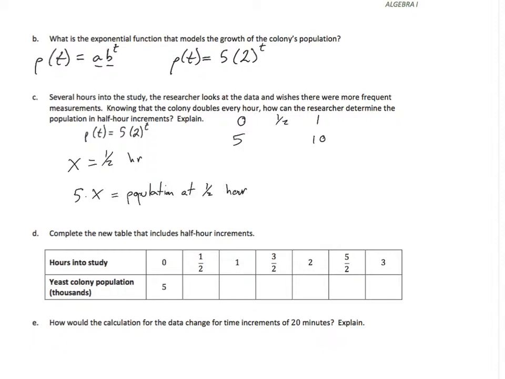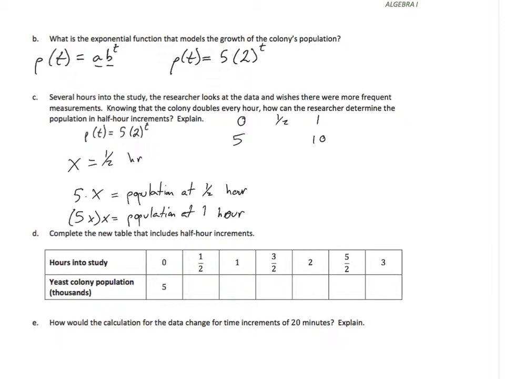If I take that population at a half hour and multiply it by another half hour's factor, that will give me my population at 1 hour, which I already know equals 10.